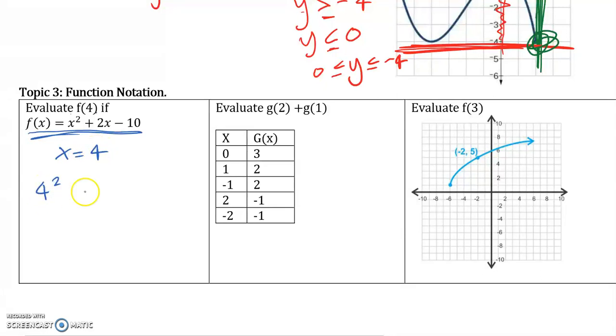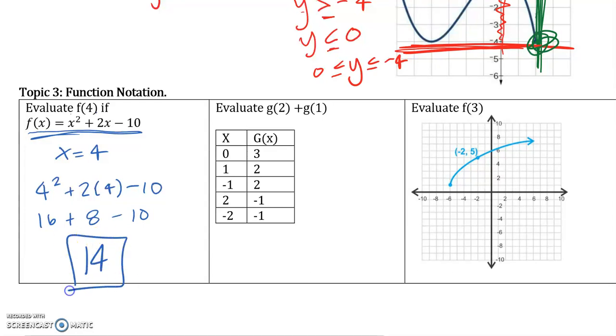So 4 squared plus 2 times 4 minus 10. Let's see, 4 squared is 16, plus 8 minus 10. Now I can just combine all those numbers together. 16 plus 8 minus 10, and I get 14. So that would be my y value, or my function value at 4.